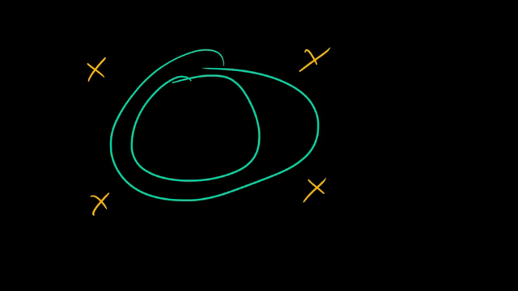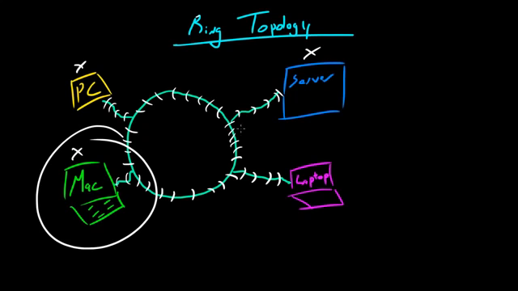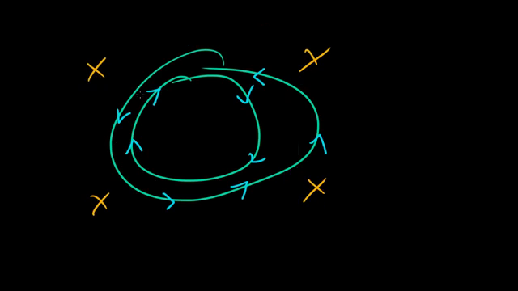The way these are typically built is you set up two rings where the data flows in this direction on one of the rings and in the opposite direction on the other ring. So we call both of these ring topologies, even though this one is a very simplistic ring network, and this one right here is a more common one where they have two rings and the data can flow in opposite directions.